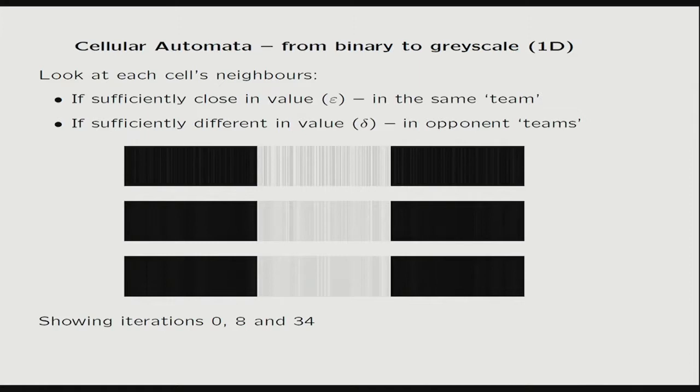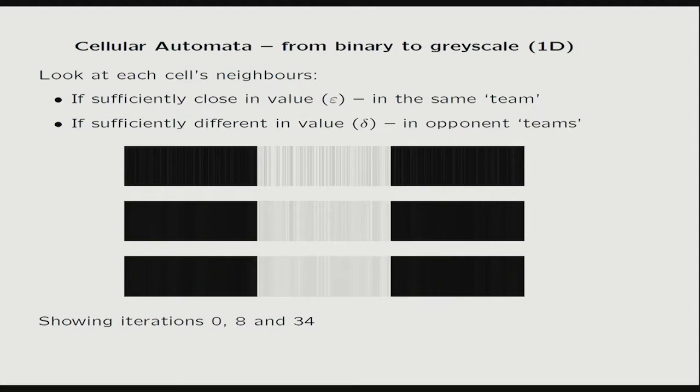So essentially I'm trying to produce teams out of these possible values. And I can produce two teams, so I can aim for the pixels to converge to 0 or to 1, or I can produce several different shades of gray of teams based on these rules.